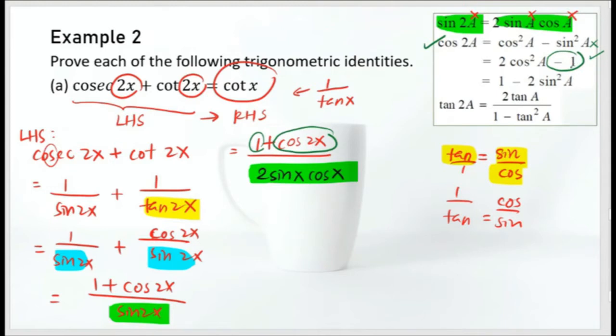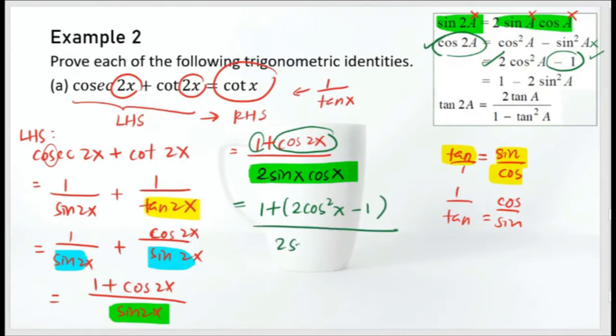So you see which one is simpler: the second one. So for cos 2x, we choose this one, so it becomes 2 cos squared x minus 1 over 2 sine x cos x.